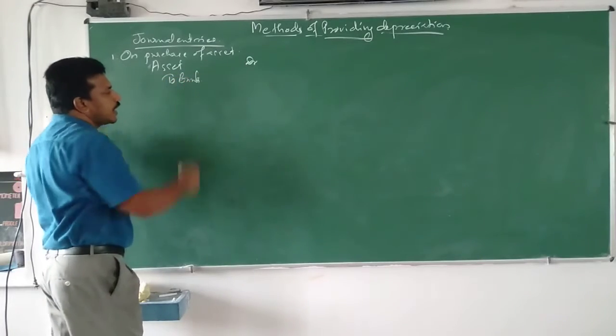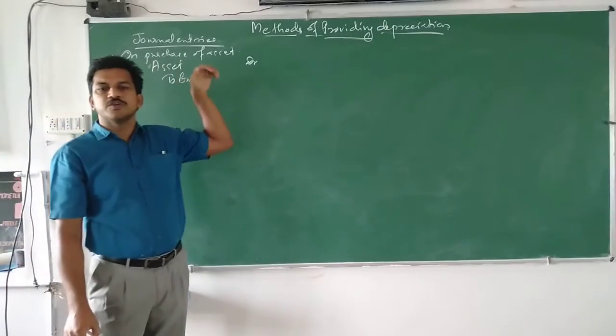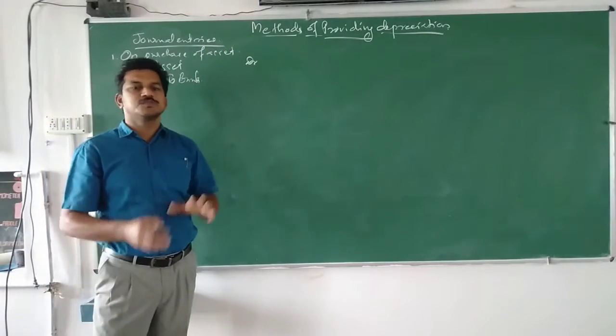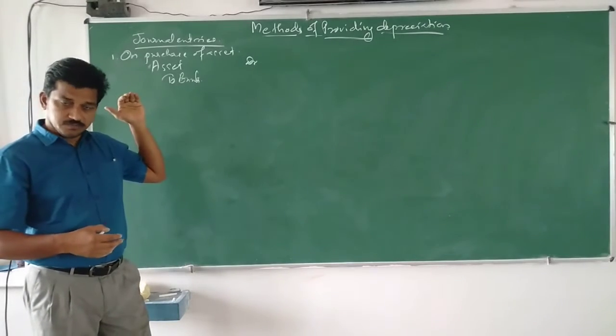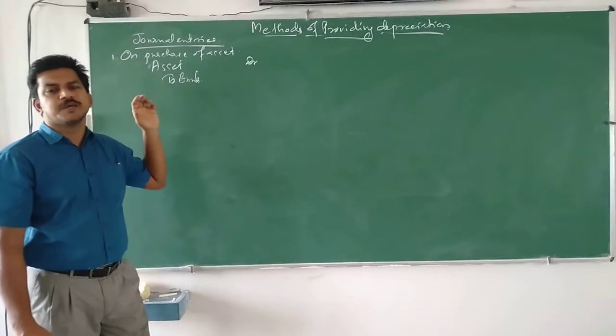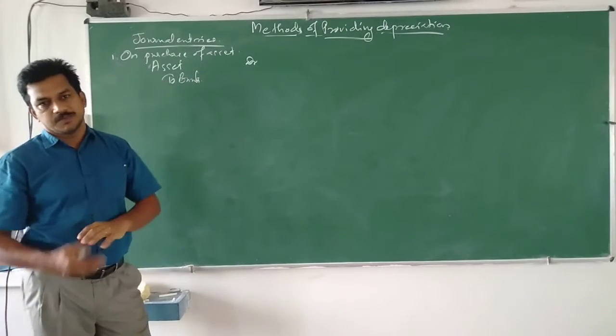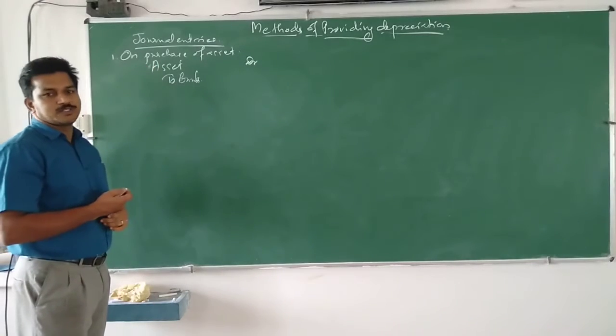You can write bank or cash, but the value of an asset will be a huge, big lump sum amount. So normally, instead of paying cash, the business may issue a cheque or make some other payment directly from the bank. So this is the journal entry for purchase of an asset.